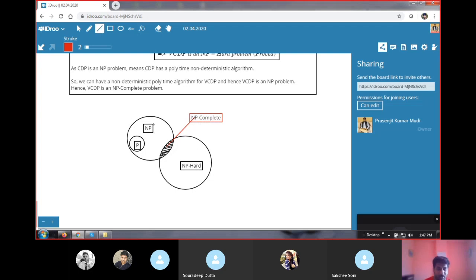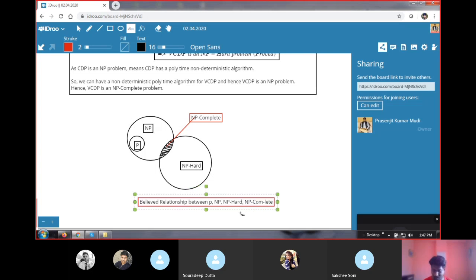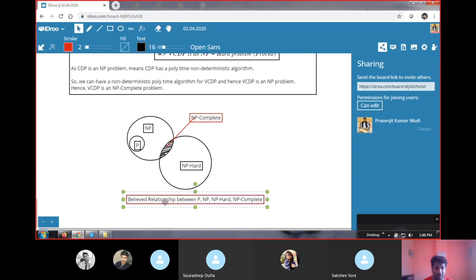So the NP hard problems which are also NP are actually NP complete. That's why VCDP is an NP complete problem. So this is the relationship between NP hard and NP complete. We have proved today one very standard problem, the vertex cover decision problem, as an NP hard problem and also as an NP complete problem.